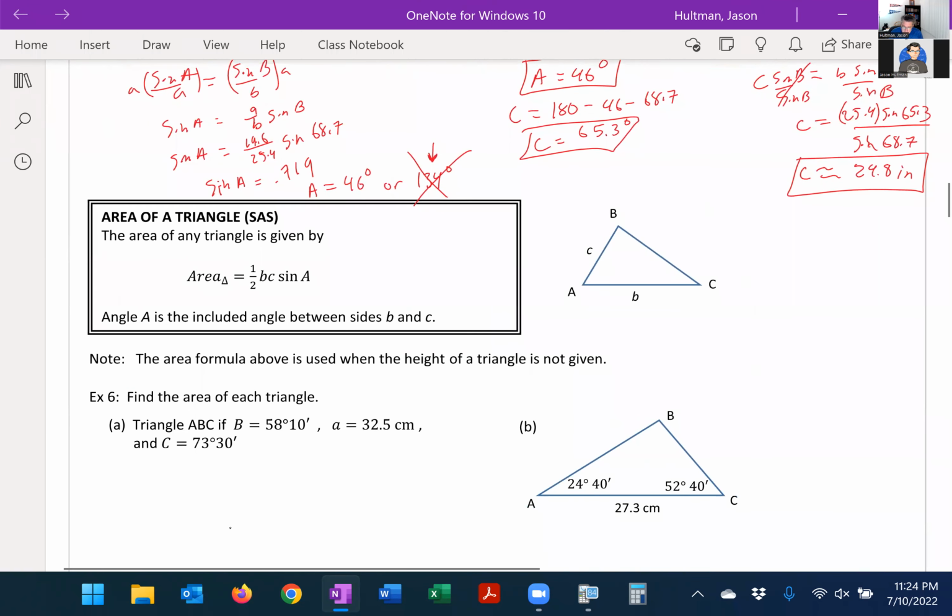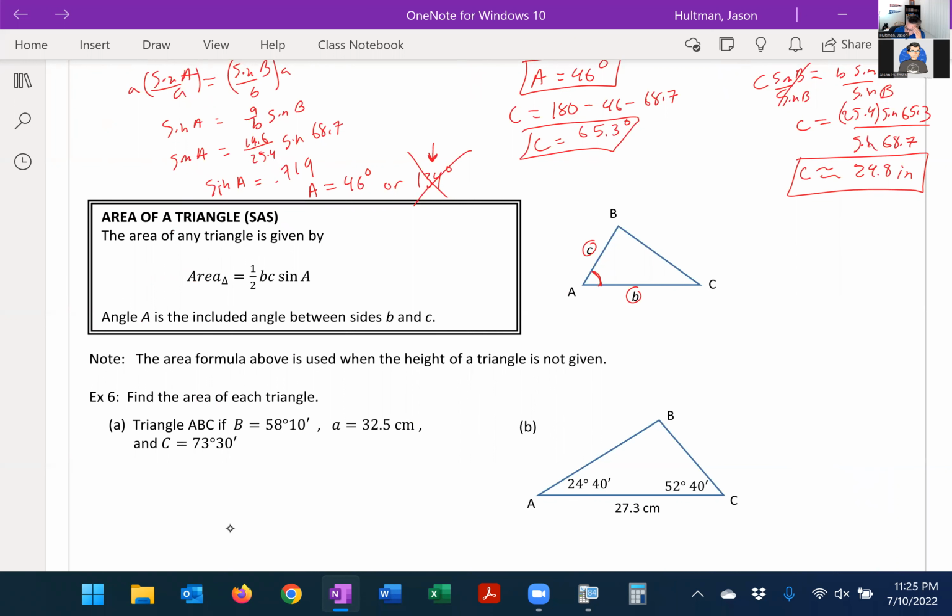Okay, area of a triangle, we're actually going to work with two different area formulas. This is the first one, based on the law of sines. The area of any triangle is equal to 1/2 b times c, these are sides, times the sine of what's called the included angle.